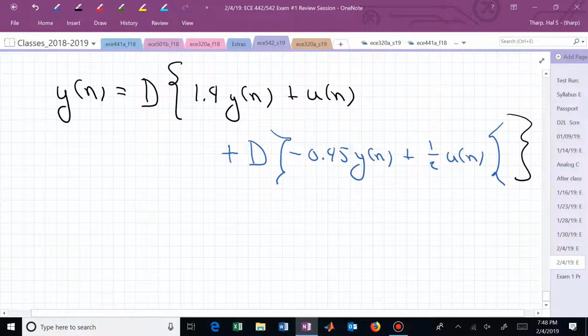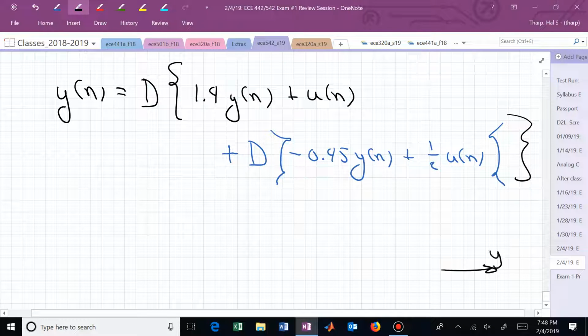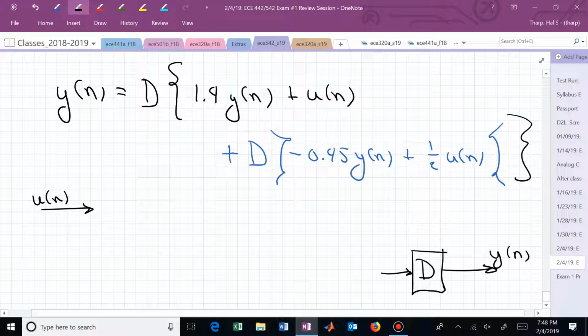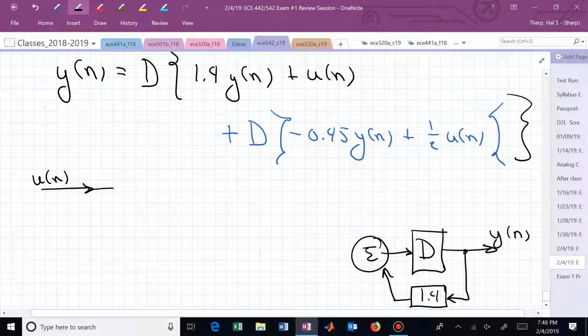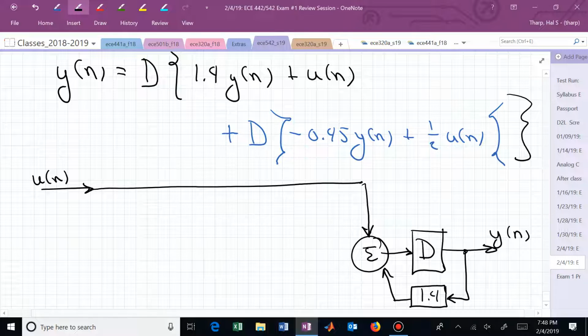I said, well, let me start with y of n over here and assume that I have u of n coming in from here. y of n is now the output of a delay block, and what's the input to that delay block? 1.4 y of n, u of n, and then it's also the output of another delay block.